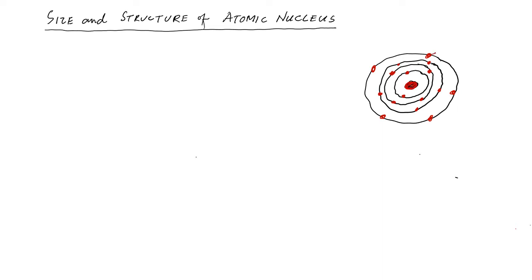These are electrons with negative charge, and the atomic nucleus of an atom is this tiny space which is positively charged inside the atom, which contains most of the mass of the atom. Almost 90% of the mass of the total atom is contained within this tiny small space, which is positively charged.